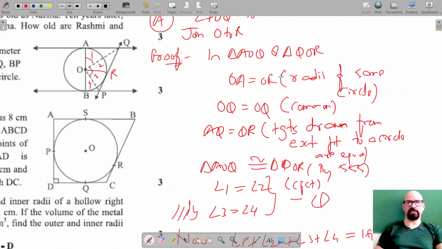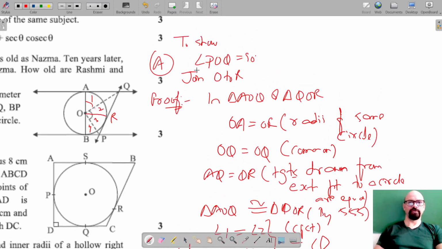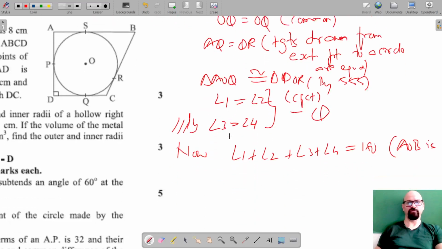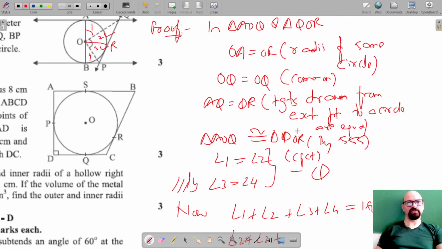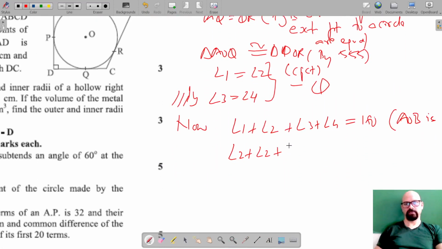Now because we have to prove POQ, I'm going to keep 2 and 3 and replace 1 and 4. So 1 is replaced with 2, 2 is there, 3 is there, and instead of 4 I can write angle 3, is equal to 180 degrees.